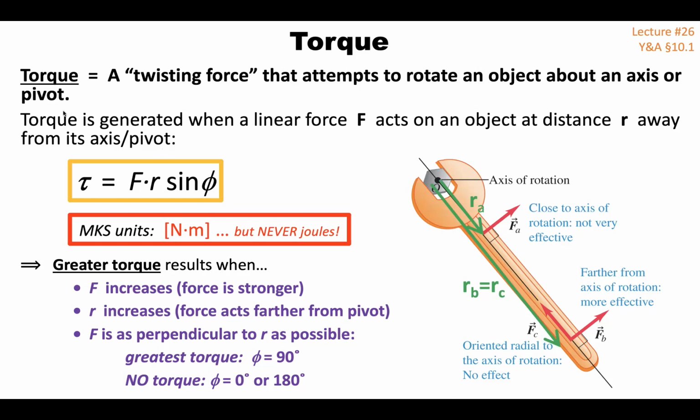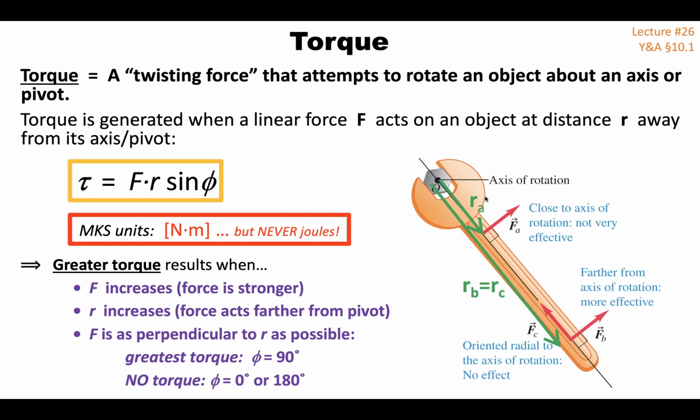How do we generate torque? Well, most of the time, torque is generated when there is a linear force, F, just like the kind we're used to already from our previous chapters. And it acts on an object, an object either is rotating or could be rotating, at some distance r away from the intended pivot or the intended axis of rotation.